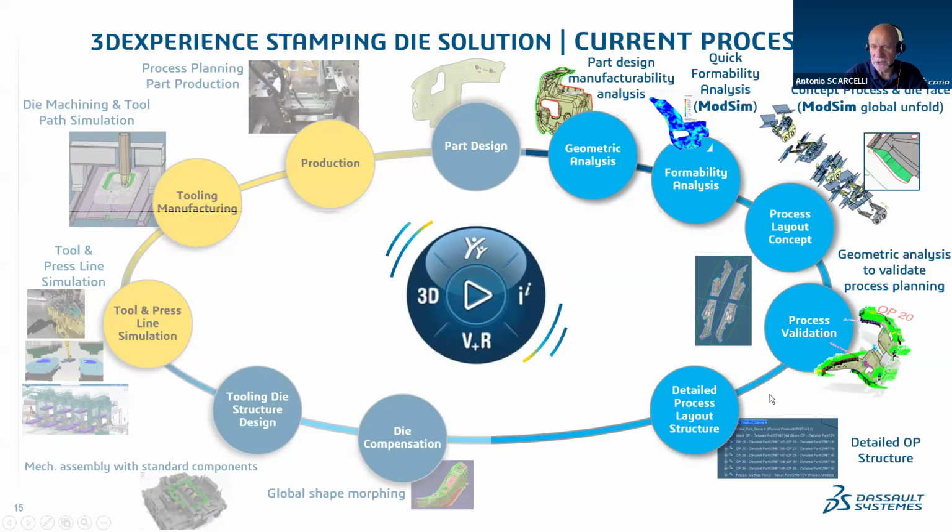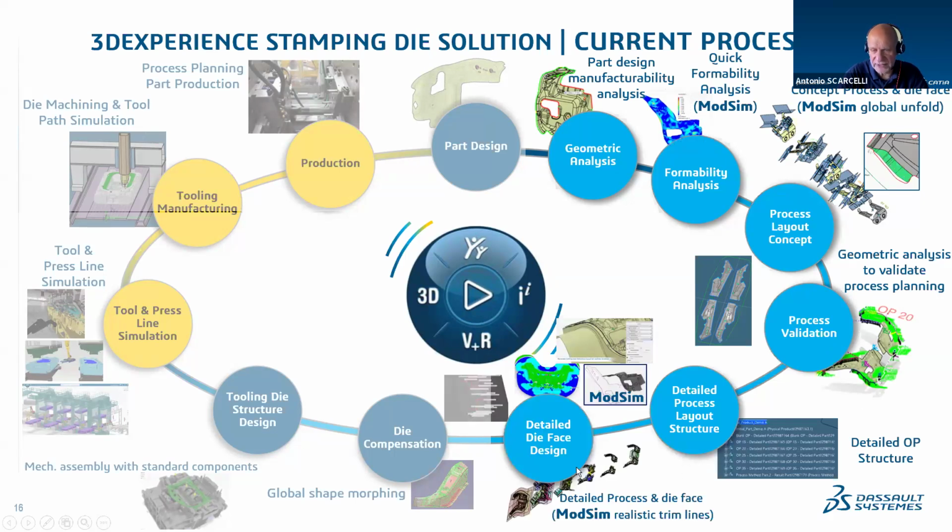You will define your structure, and after that, you will have some dedicated function for each operation to define in detail with very high quality surface, very high quality information. You will define for each operation all that you need: the surface, the trimming lines, the direction of the piercing, and so on and so on.